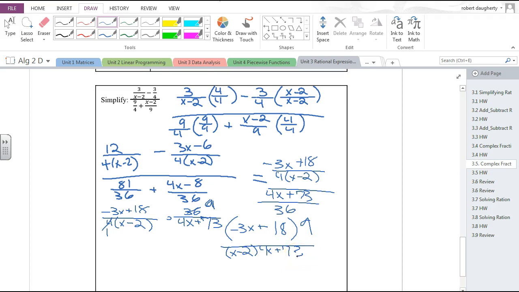Now, is there any other factorization that can happen? Come on, guys, stay with her. Is that in simplest form? What can I factor out of there? Yeah, I can factor a 3 or a negative 3, either way. So which do you prefer? 3? Okay, so factor a 3 out of the first term.